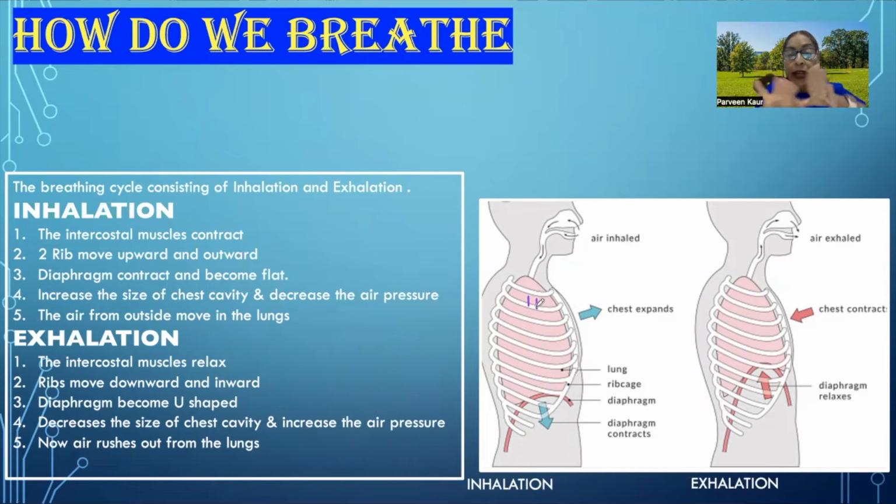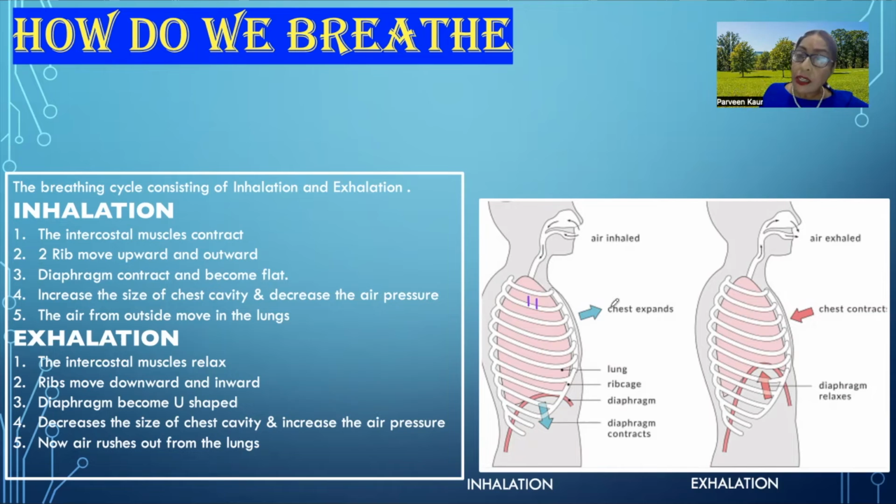Diaphragm contracts and gets flat. In this way it increases the size of the chest cavity. Whenever the chest cavity increases in size, air pressure decreases and the air from outside moves inside. In this way, inhalation takes place.